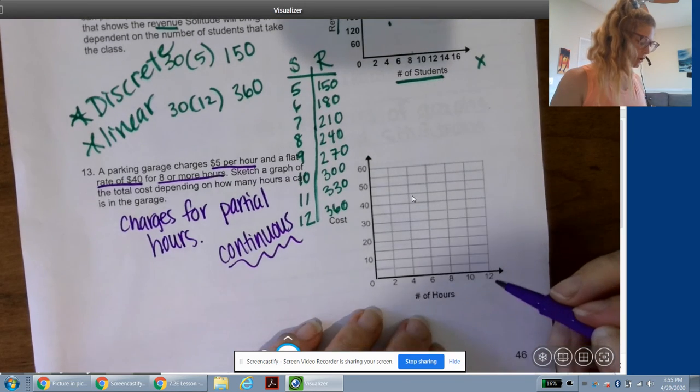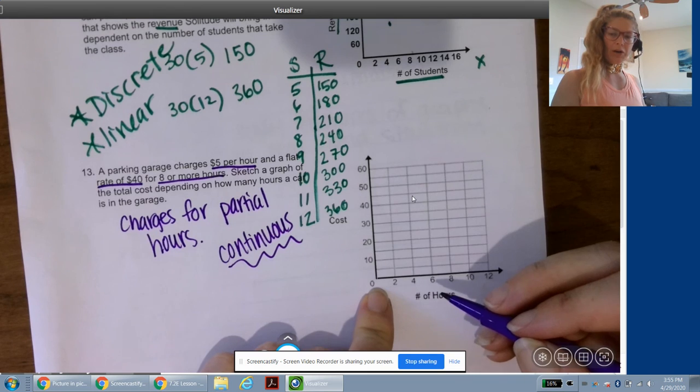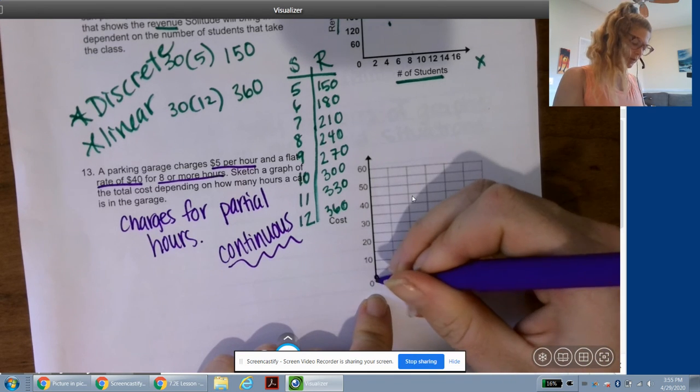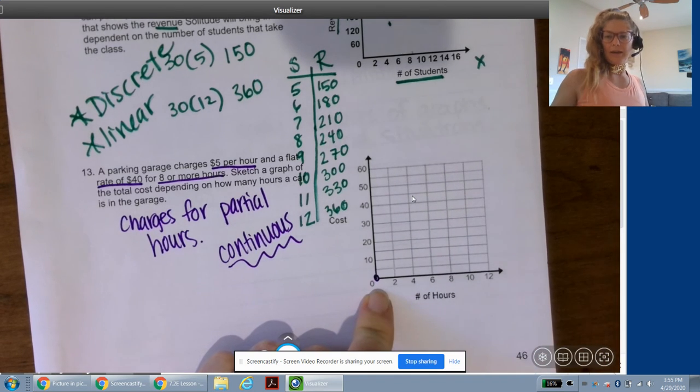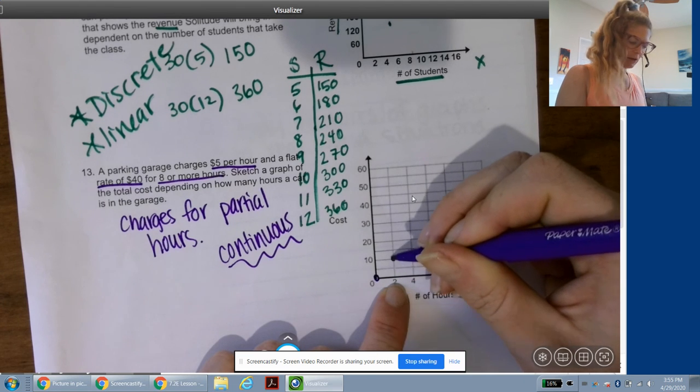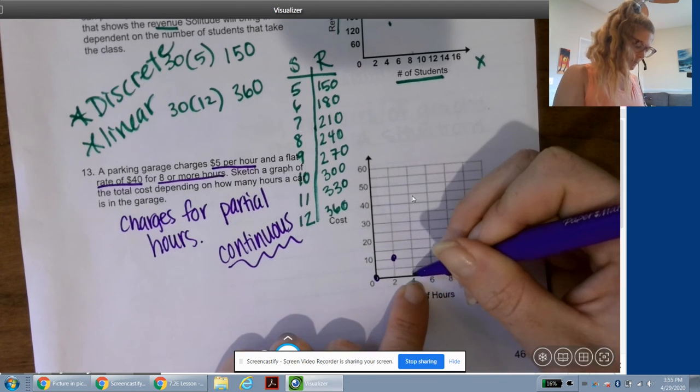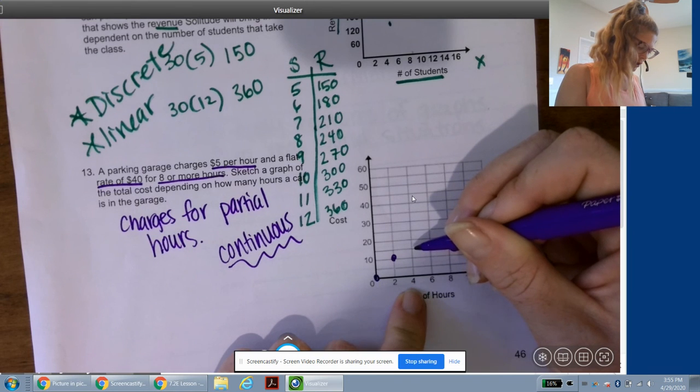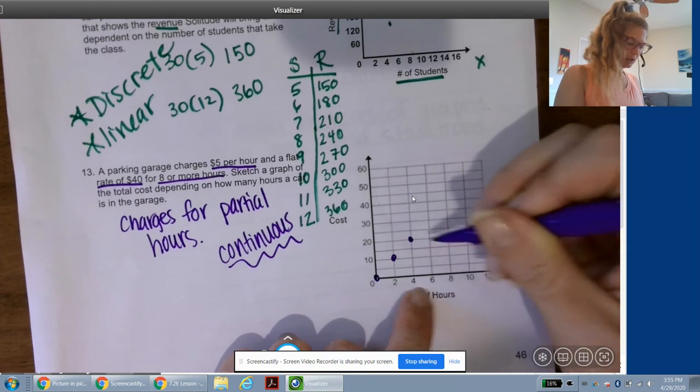Okay, so if we parked for 0 hours, we're going to pay $0. Like we came in, we drove around, we're not going to stay. For 2 hours, we're going to get charged $10. For 4 hours, we're going to get charged $20.